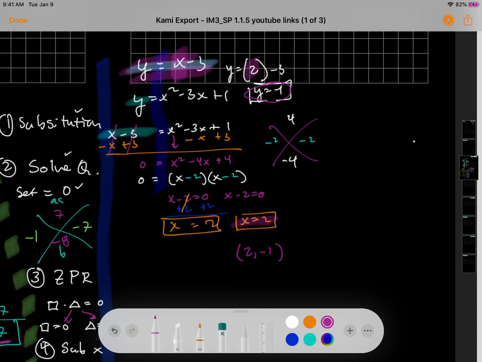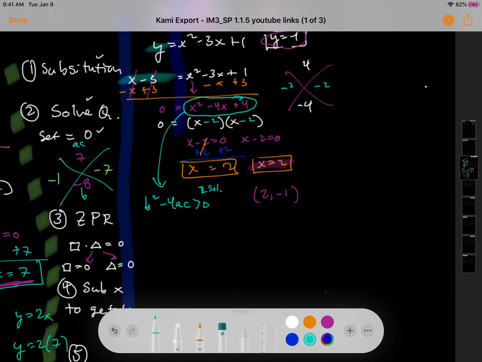2, negative 1. Now, if you did it twice, you would get the same ordered pair, which basically means they're going to intersect at one place. Now, I didn't show this in the last problem, but in the new problem here, if you do something called the discriminant, and it's greater than 0, you will have 2 solutions.